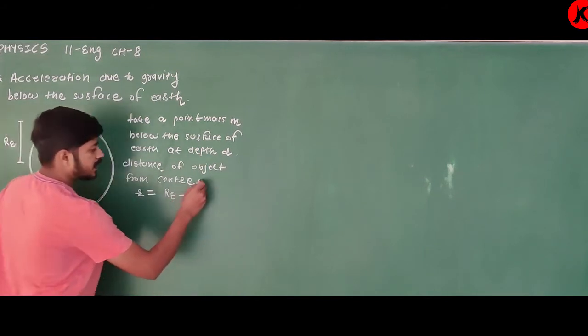Clear about this? So first of all, take one point mass m below the surface of Earth at depth d. Distance of object from center is r equal to RE minus d.